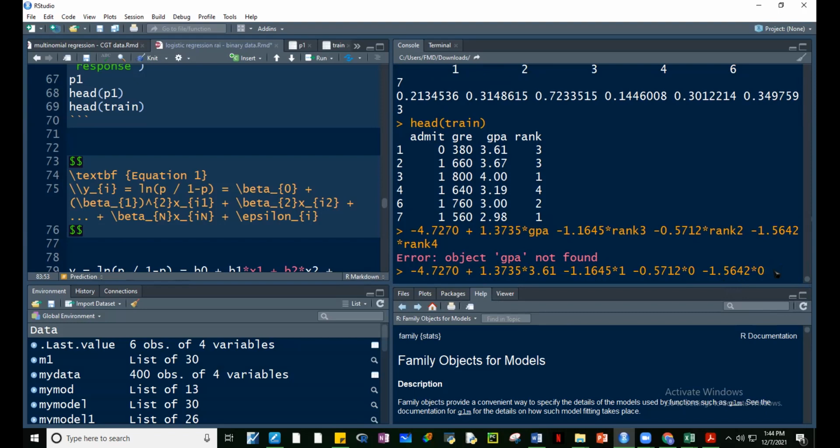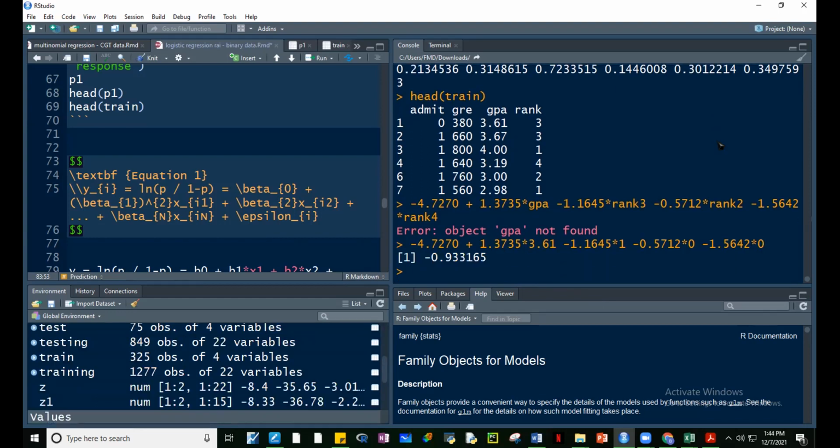Okay, there you are, guys. So that's now the value of the log odds ratio for student number 1. If we press enter, okay. So ano to? Negative 0.993165. Okay, so yung negative 0.993165 na yan, that is now our log odds ratio.